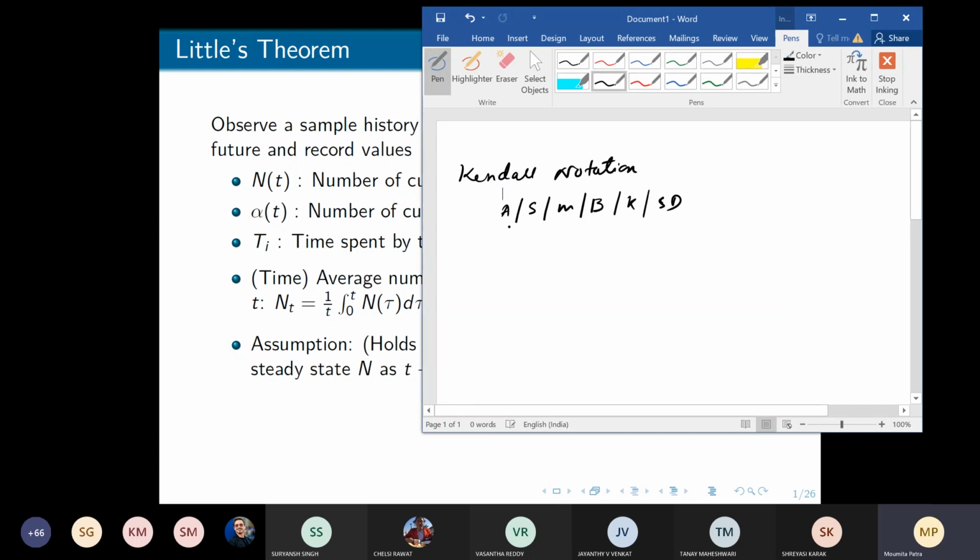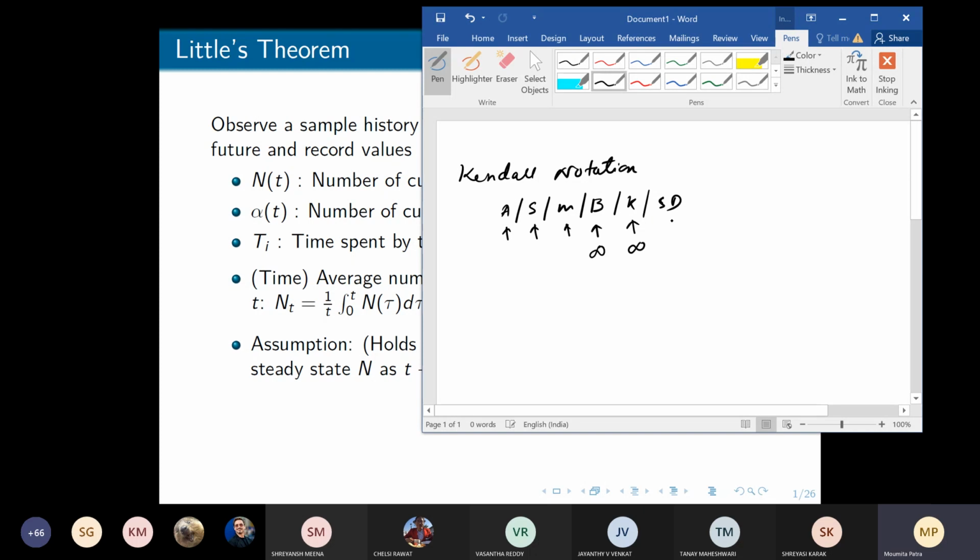In general, the distributions are already given to you. This is the number of servers. This is the system capacity. It is in general given as infinite; if not, it will be specified. This is also in general considered infinite.